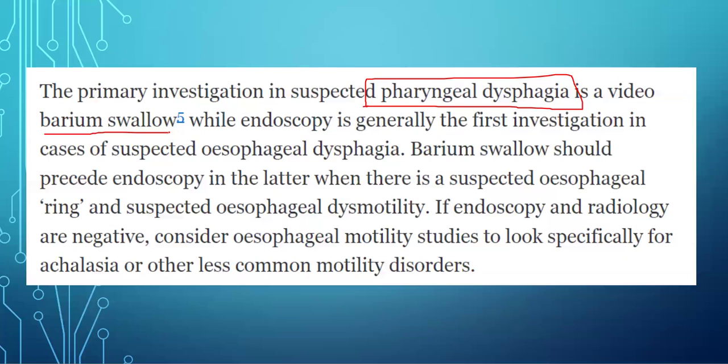We do a barium swallow and find out where exactly the problem is. Is this patient having difficulty initiating the swallowing or not? So video barium swallow is the investigation of choice for suspected pharyngeal dysphagia. Whereas if you suspect esophageal dysphagia, then endoscopy is the first-line investigation.